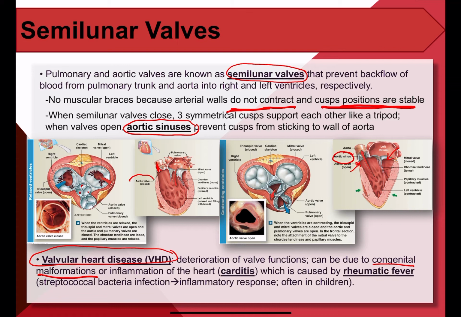Inflammation of the heart is called carditis, which is usually caused by rheumatic fever, common with streptococcal bacterial infection, often in children. So that's why fever cannot be taken lightly in children, just in case it was a streptococcal bacterial infection that can lead to that inflammatory response.